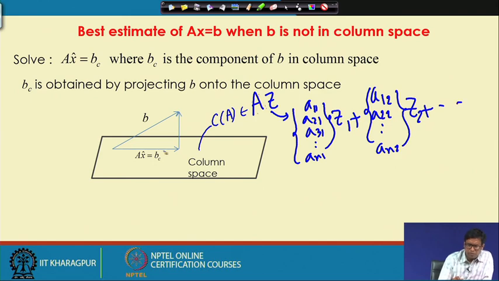So, when b is projected to the column space, we should get some x tilde for which we can write A x tilde is equal to b c, because each component of this x tilde vector is multiplied with each column of A, and linear addition will give me a column space vector b c. Okay.